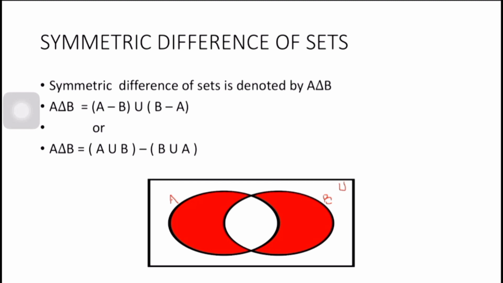It can be shown in a Venn diagram like this. Here the common part is empty. Only A shaded and only B shaded. This is A delta B.